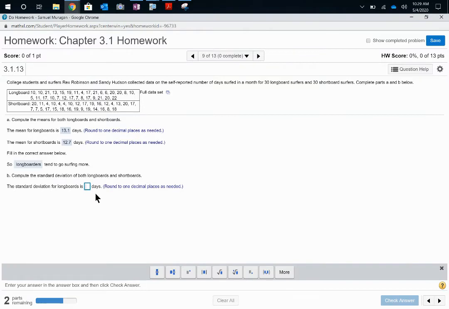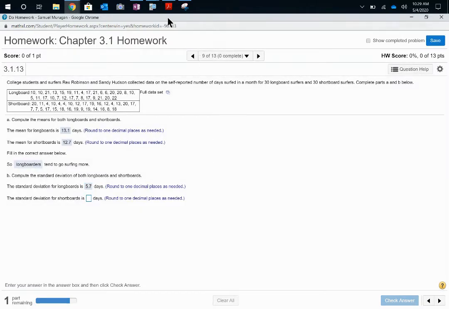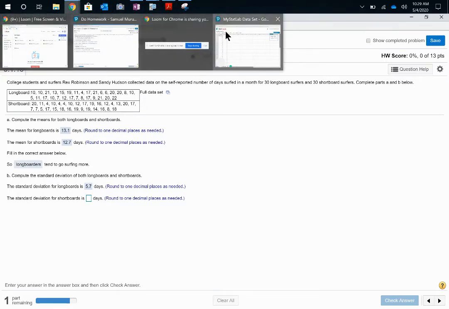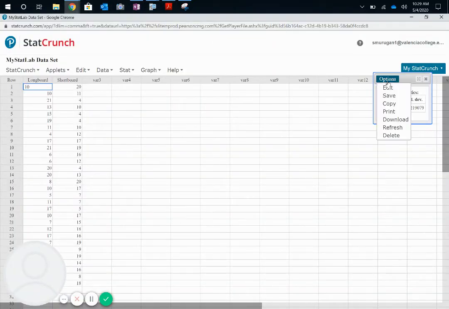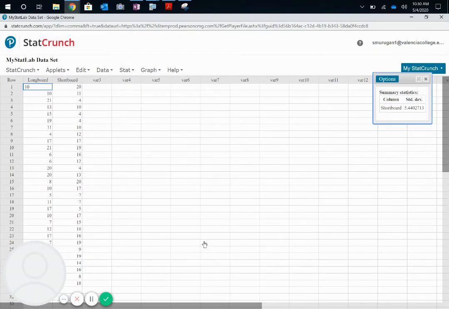So 5.7. And they want us to get the standard deviation for the shortboarders. So we go back to our data, options, edit, and press shortboard instead and compute.